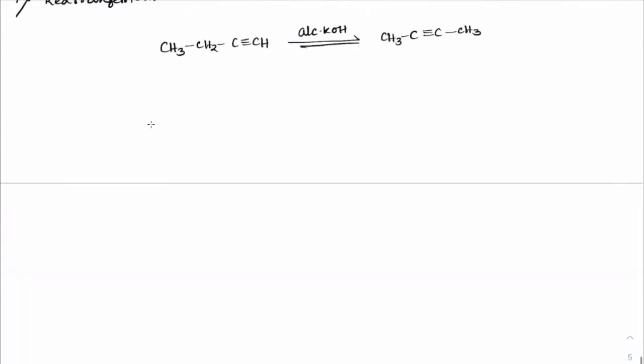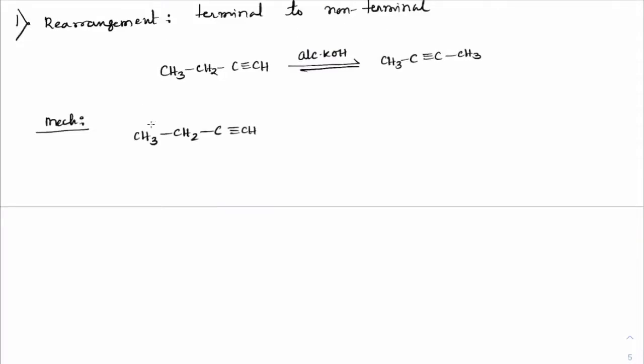Let us see the mechanism here. Same kind of mechanism here also, CH3, CH2, C triple bond, CH. Before getting into the more details of the mechanism, one thing we must understand is that if you treat that with OH minus, and H plus is lost here, what do we get?